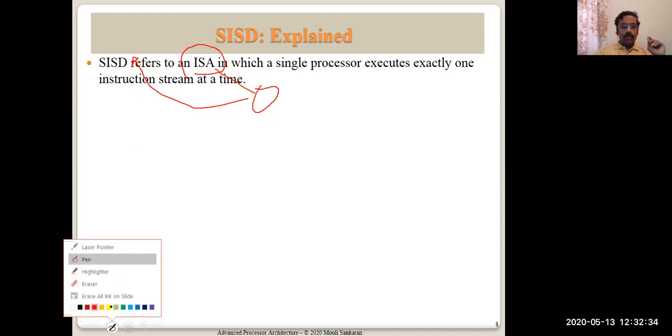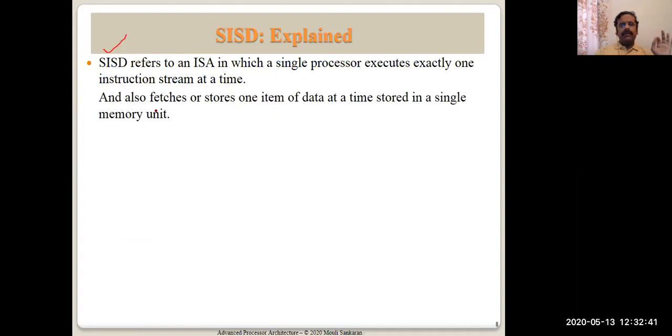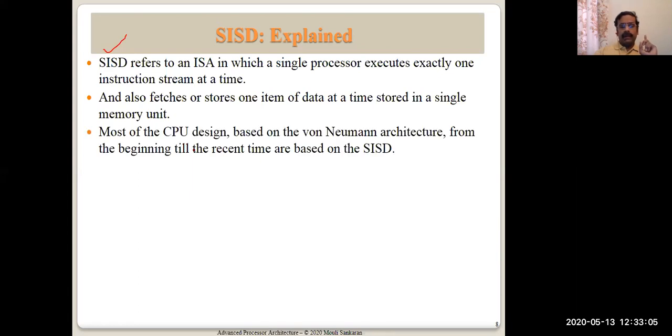A processor which falls under this category will be executing one instruction stream at a time. And if it is an unpipelined CPU, that means it can only take one instruction into the CPU, finish execution, and then bring another instruction. Then it will be operating on one instruction stream and one data stream. Okay, it cannot be more than that.